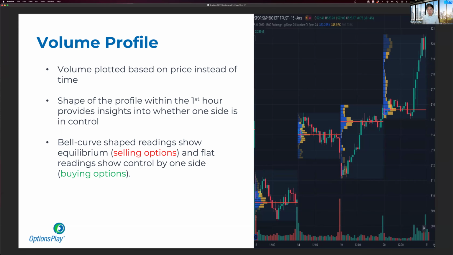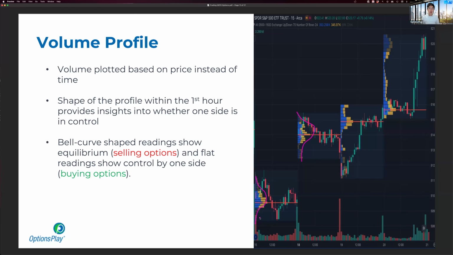Profiles exhibit 2 types of shapes. They either exhibit a bell-shaped type shape, like we have here in the first 2 trading sessions, where the profile is evenly distributed across what we call a point of control, a price at which there seems to be a somewhat equal amount of volume traded below that price and above that price.